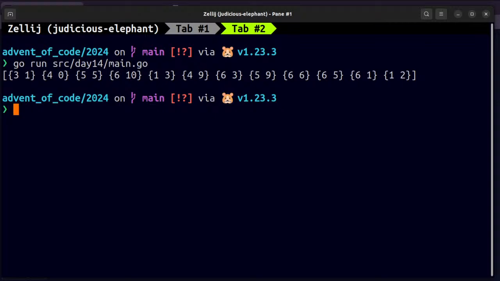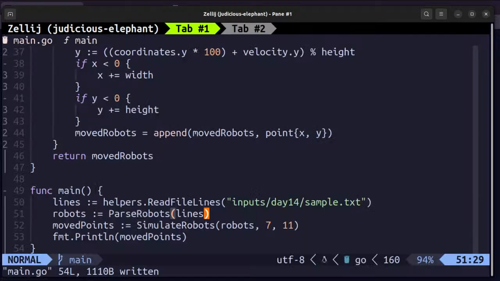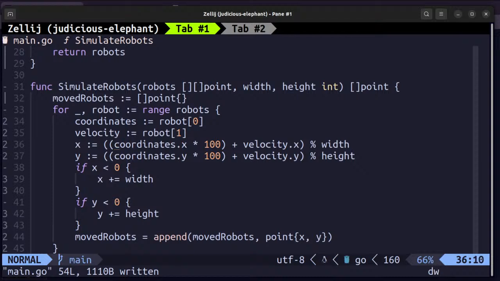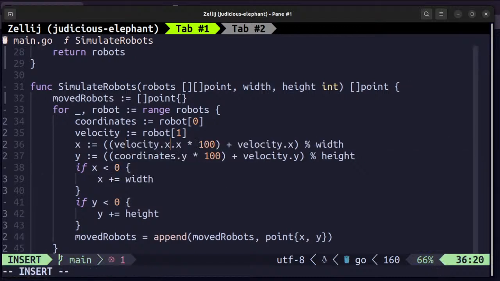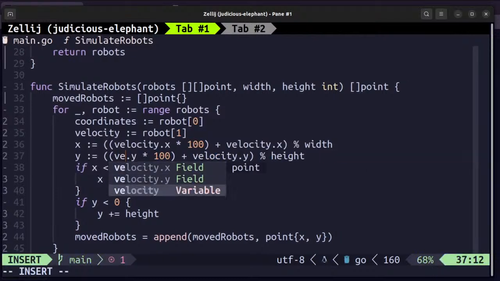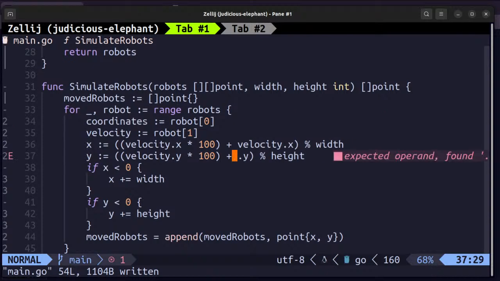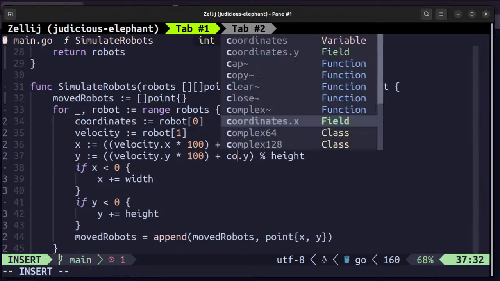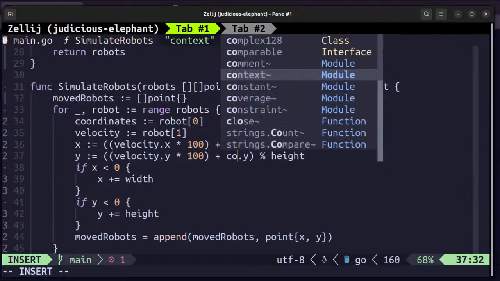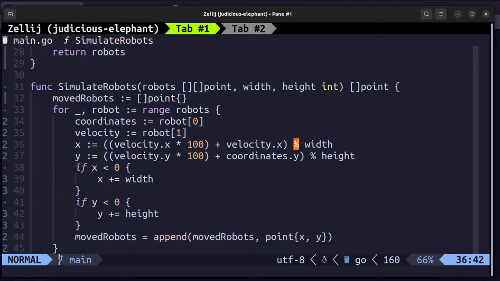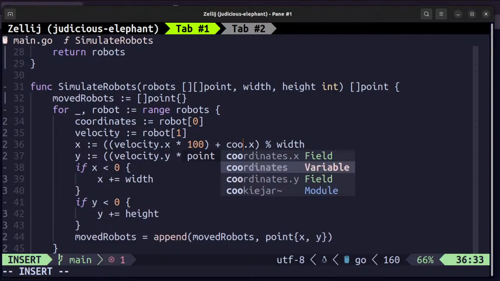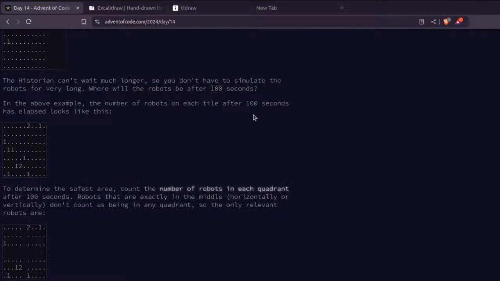Maybe this was wrong, because I'm certain that it should be velocities of x, not that. 6 and 1.